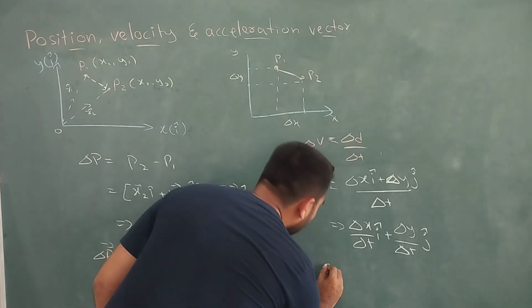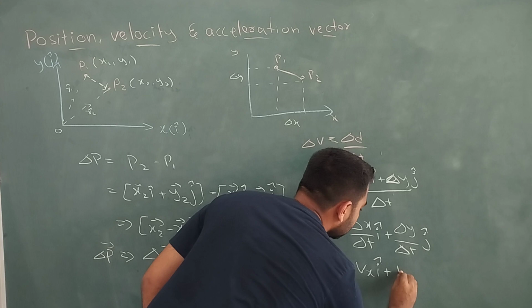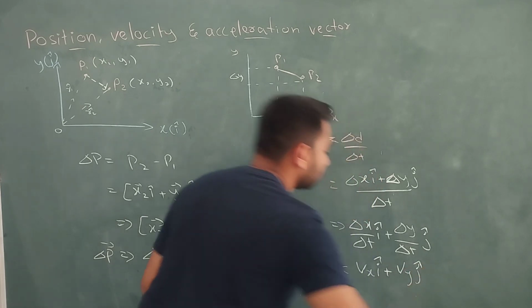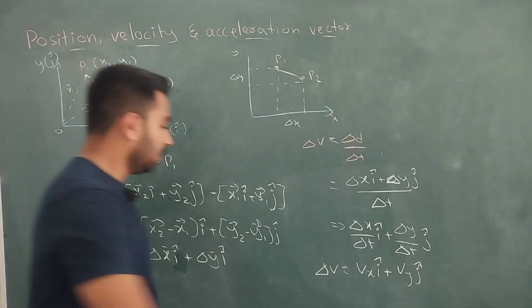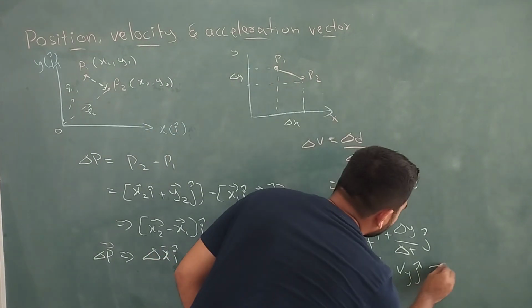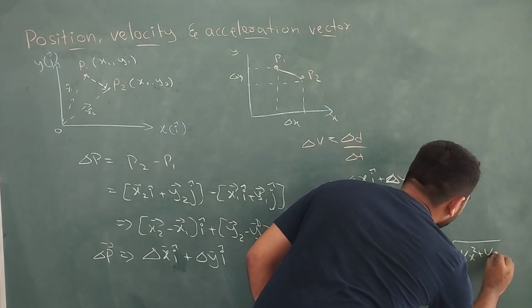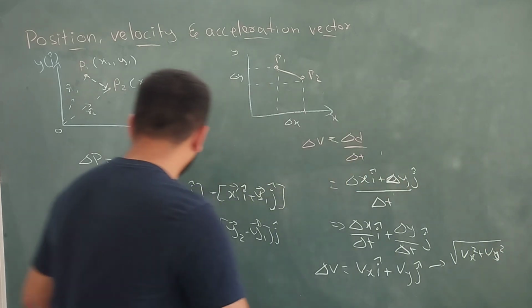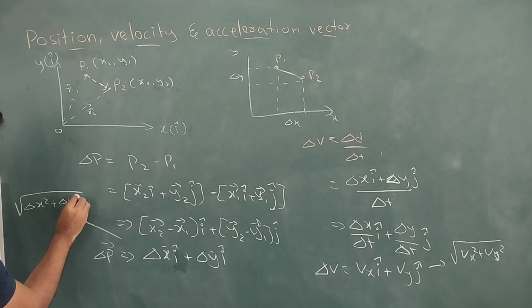Yes sir, we got our final answer: Vx i plus Vy j. So simple. For magnitude, you know what to do: just the square root of Vx squared plus Vy squared. And here also the magnitude is very simple: square root of delta x squared plus delta y squared.